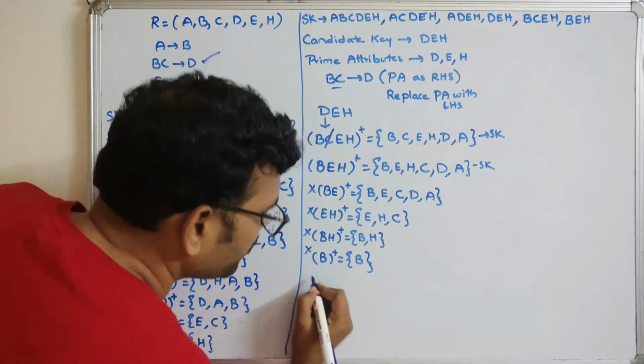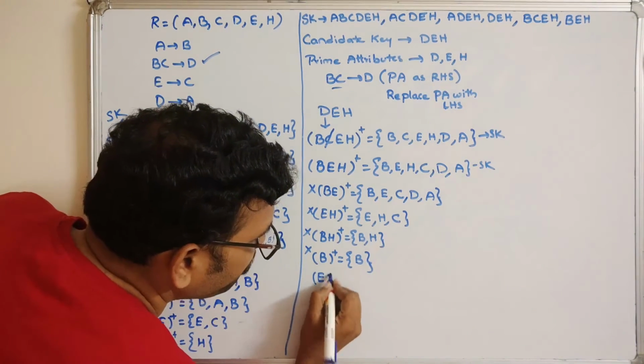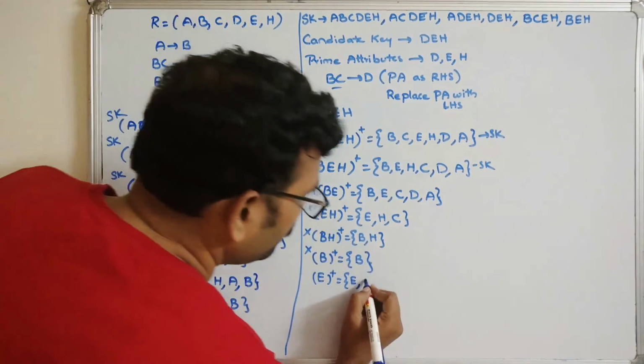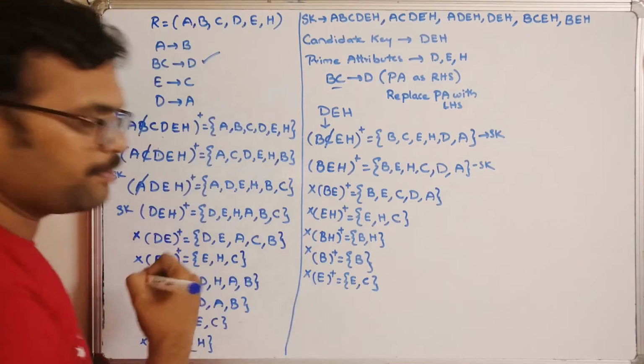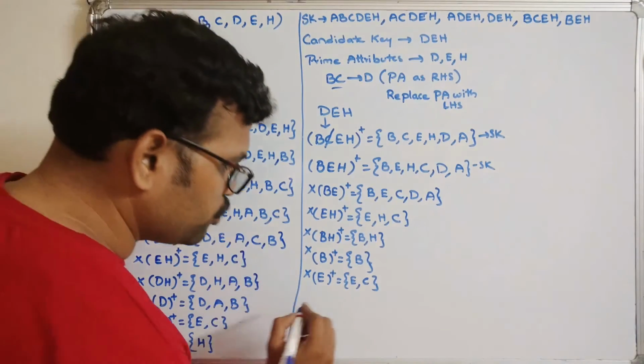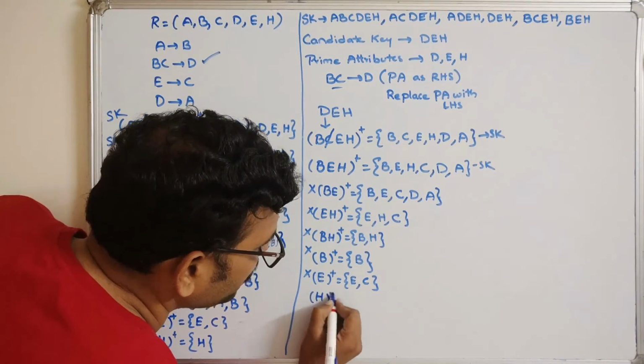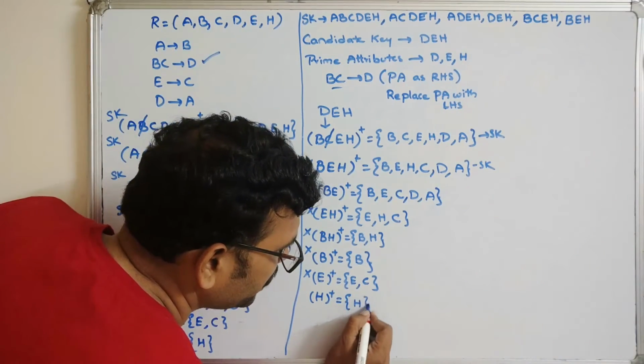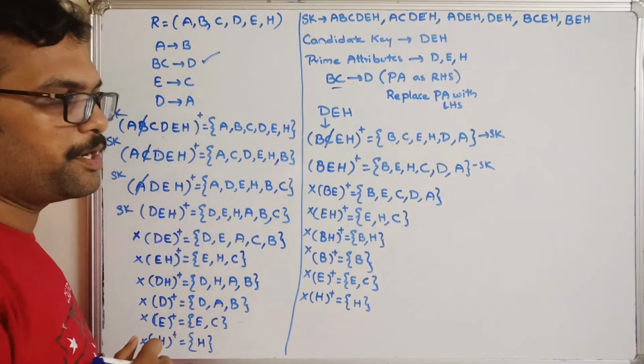So this is also not a super key. Next, E, we can determine E, and if you know E, we can get C. Only two attributes can be determined by using E. So that is also not a super key. And H, there is no functional dependency of H. So only H can be determined by using H. So this is also not a super key.